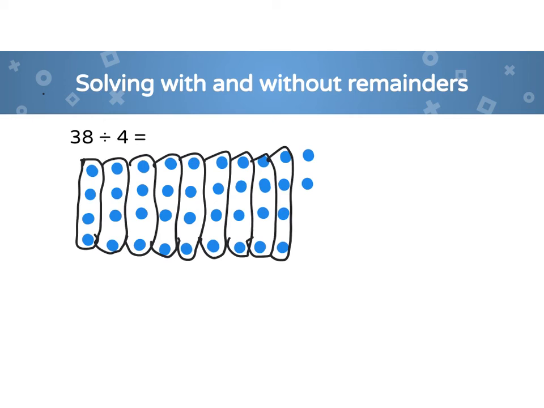And then I have 2 left over. So my answer is going to be 9, remainder of 2. And if you think about that, you know that 9 times 4 is 36. And these are your basic multiplication facts, so that you know that 38 divided by 4 is 9 with 2 left over. So let me show you that in an area model.